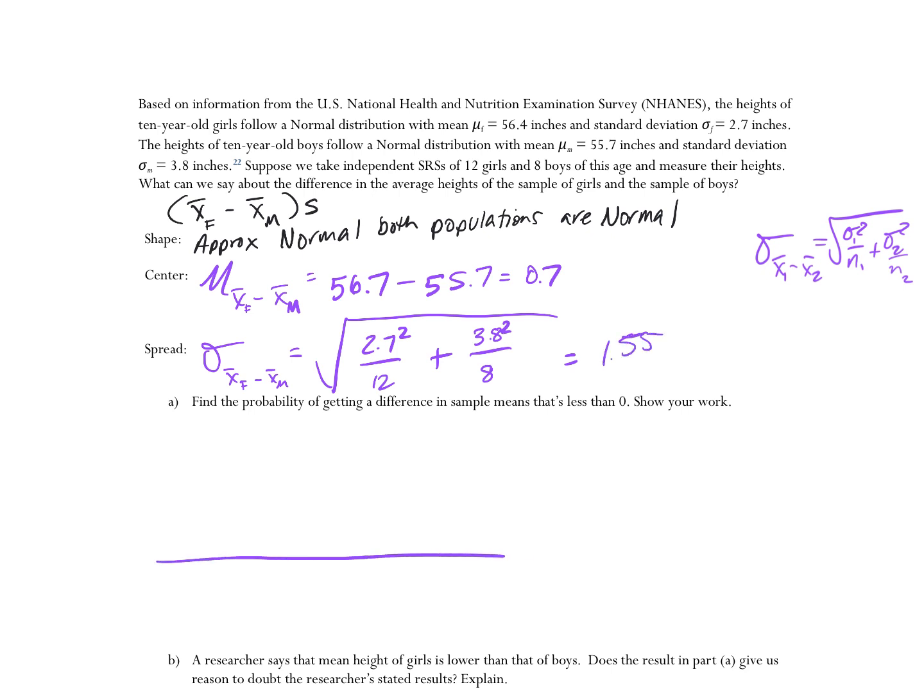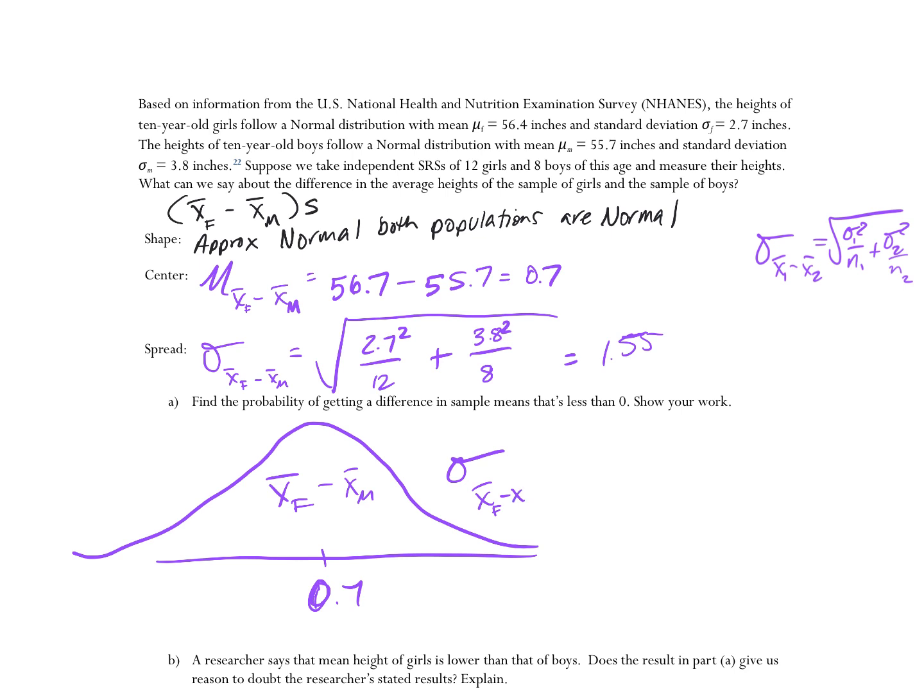All right, so then if we say, well, here's the difference of our sample means. And we just said it has a mean of 0.7. We just said that it was normal. We just said that the standard deviation of our difference of means is 1.55.